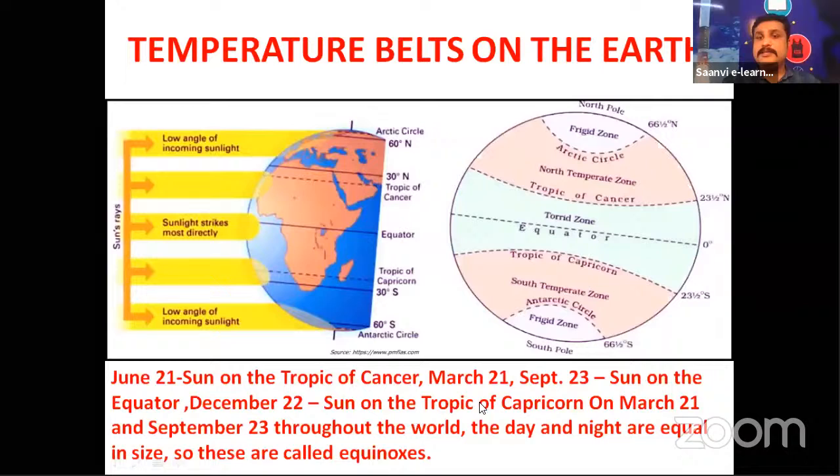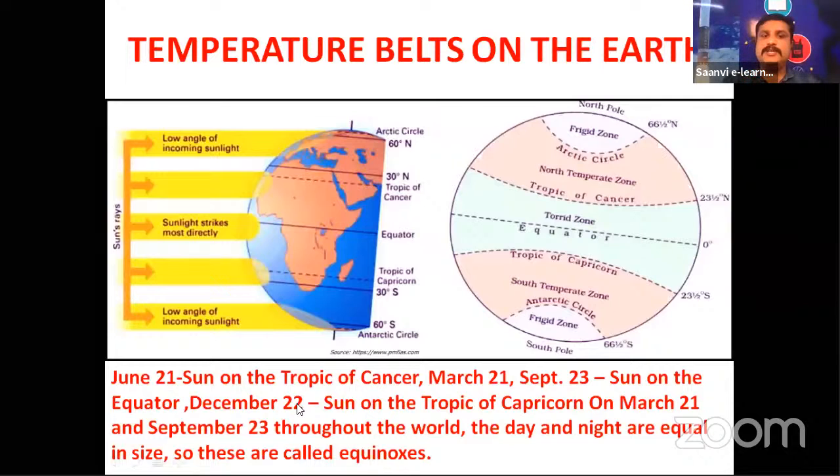On March 21st and September 23, throughout the world the day and night are equal in length, 12 plus 12. That we call equinoxes. What do we call it? Equinoxes. Please underline it, write it in your running note, or take a screenshot. What are equinoxes? September 23 and March 21.